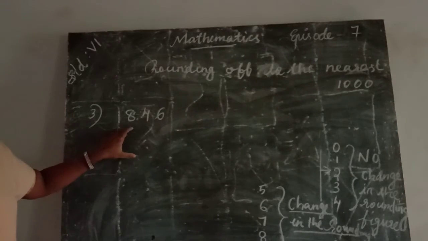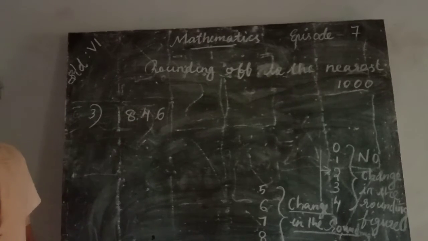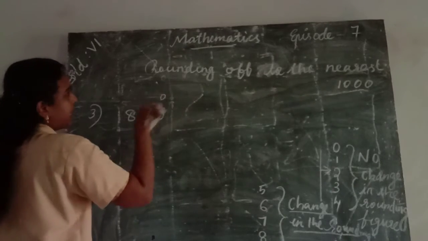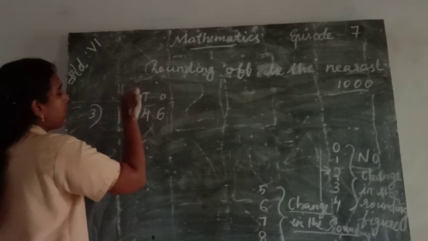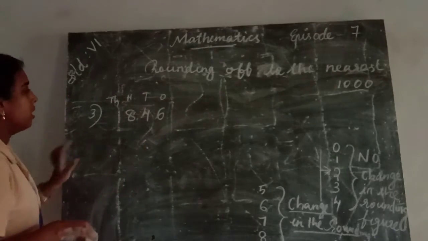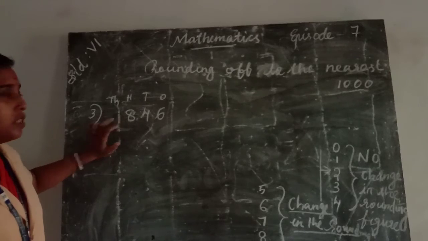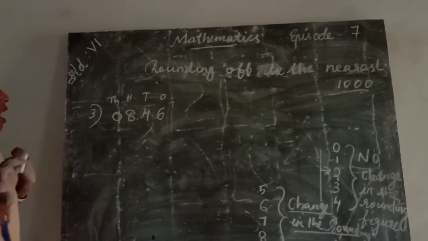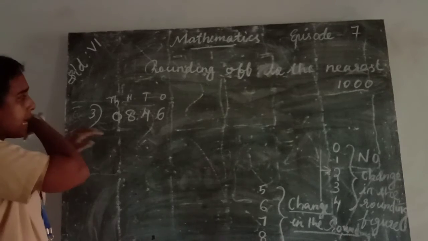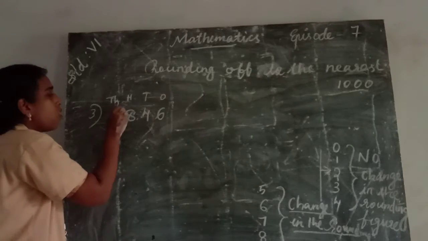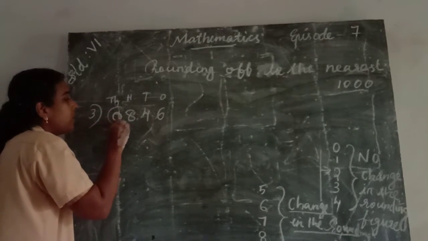846. We want to round this number to the nearest thousand. So let us see. We take the numbers up to the thousands position: hundreds, thousands. Here there is nothing in the thousands position, so we write 0 at the thousand position. In the same way, for the nearest thousand, we round the digit at the thousand position.